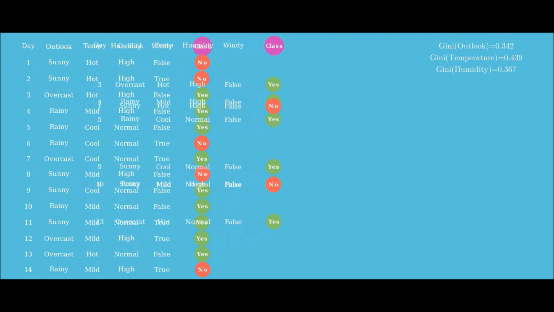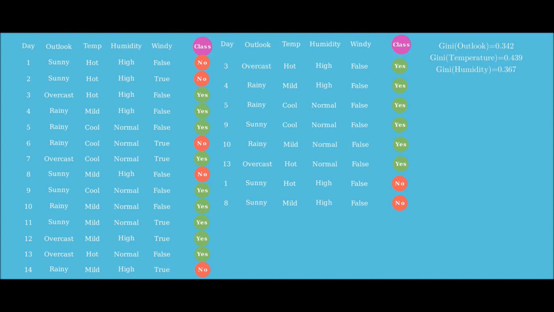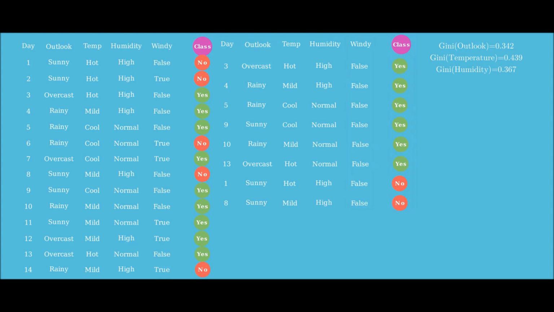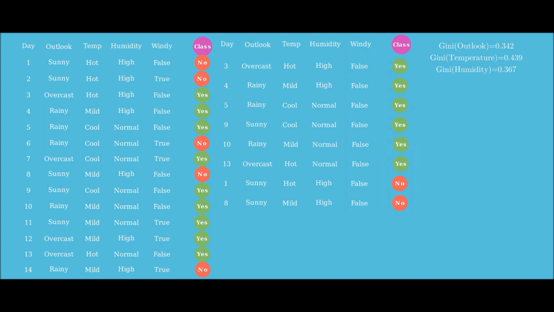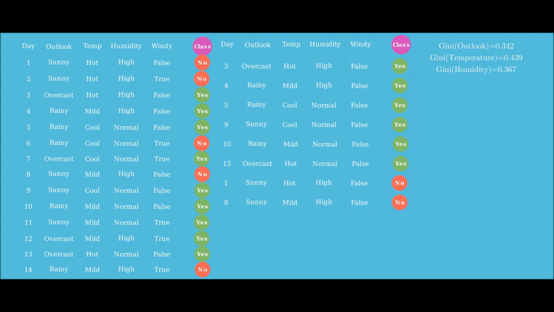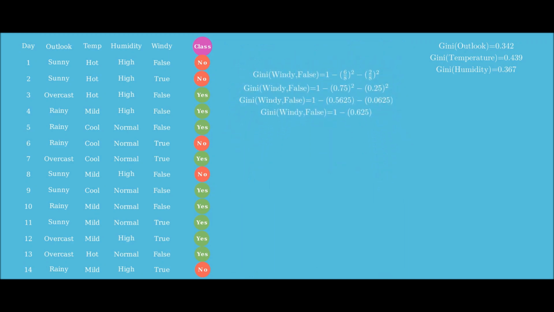You can see that there are 8 instances in which 6 are yes, 2 are no. So the Gini index would be calculated as 1 minus 6 upon 8 whole square minus 2 upon 8 whole square, and that would be equal to 0.375.